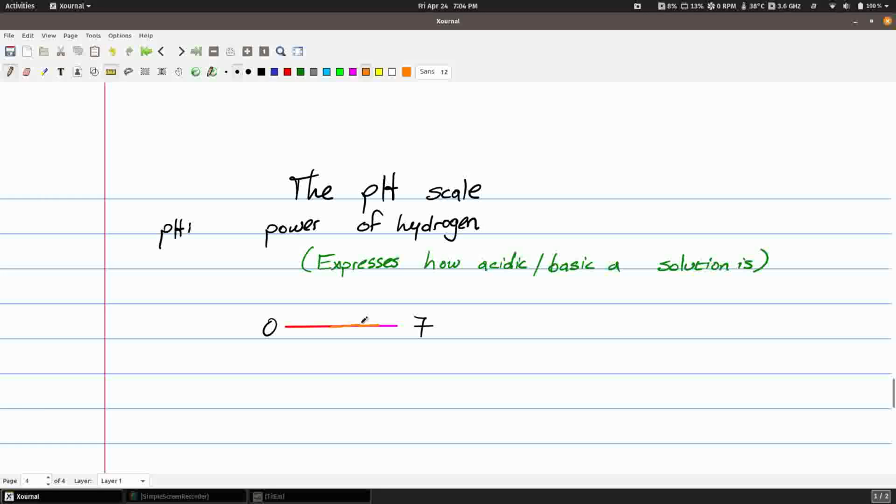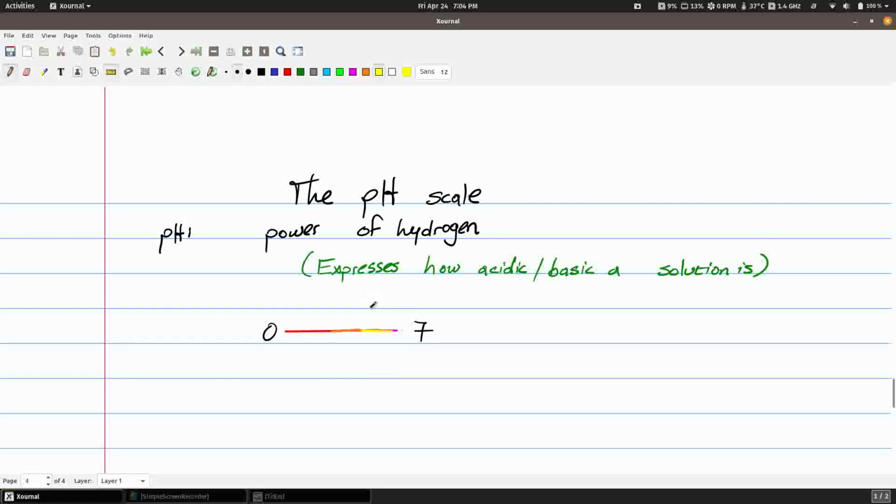Alright, so if you ever look at those litmus papers, you know how they have red, orange, maybe some yellow on there. And then probably a little more orange than that. On the other side, you have your bases, which start off with some light pink, and then go to some light blue color.